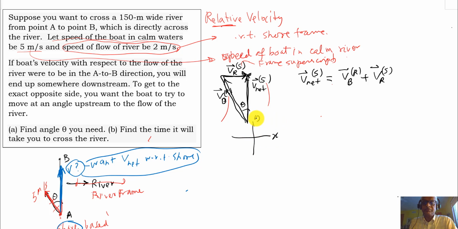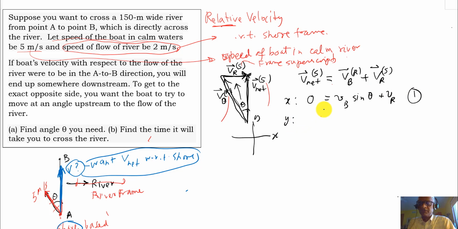Looking at the x direction, this V net has only y, so it is 0 along x. V boat along x will be V boat times the opposite, so sine theta. So V boat sine theta, and the river is just V river. That's one equation.